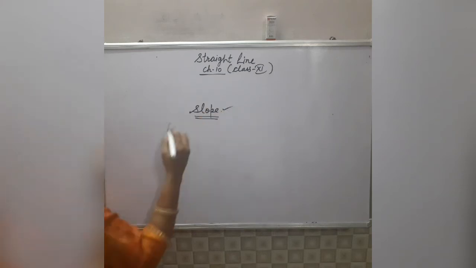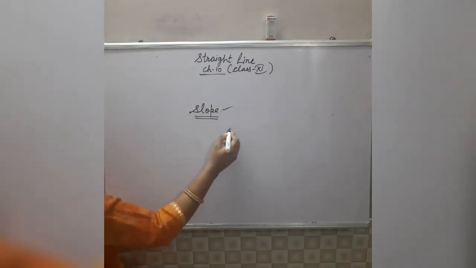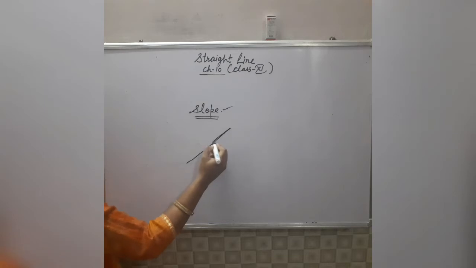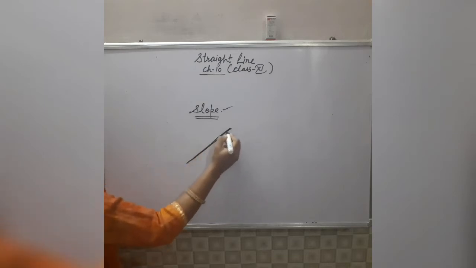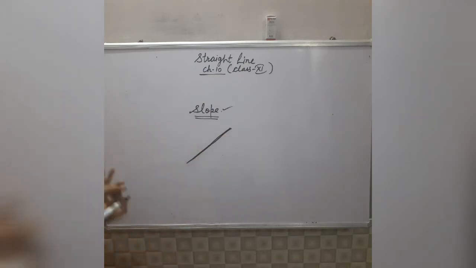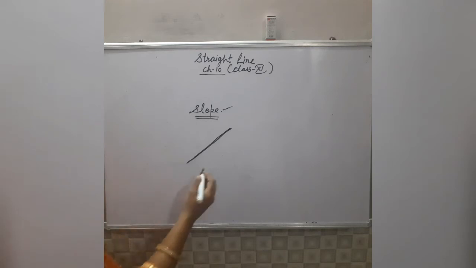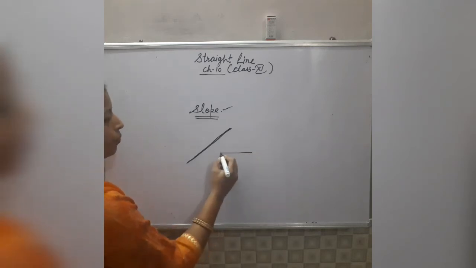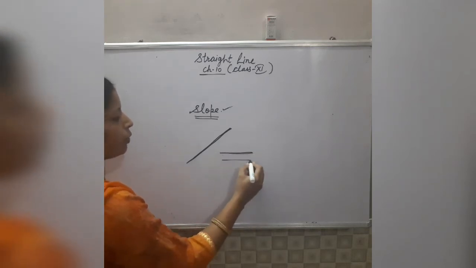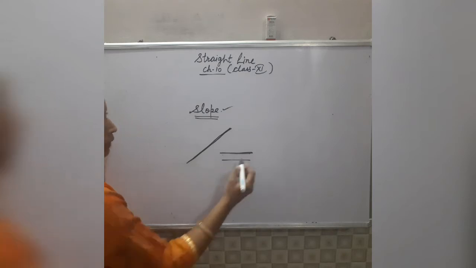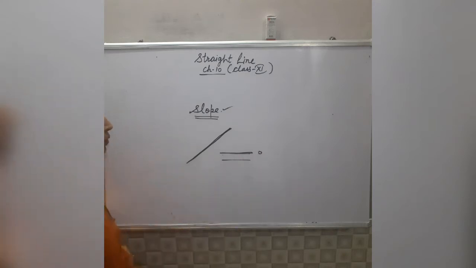What is slope? Suppose any line is given to you. Slope means slant, how much this line is slant. Suppose any line is horizontal to x-axis, or you can say parallel to x-axis, then slope of that line will be 0.